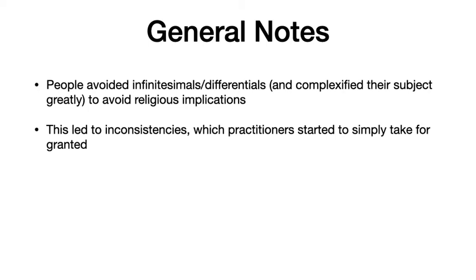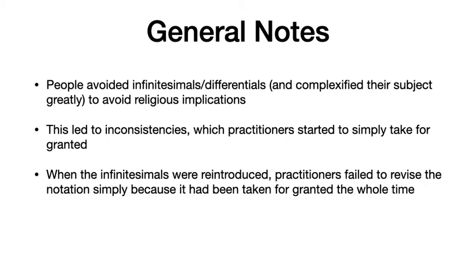As you saw, the fix is very simple. It's simply treat dy over dx as a quotient when you take its derivative. That seems very straightforward, but no one bothered to because they just took it for granted that it shouldn't work. And then, when the infinitesimals were reintroduced, practitioners failed to revise the notation simply because they'd taken it for granted for so long.